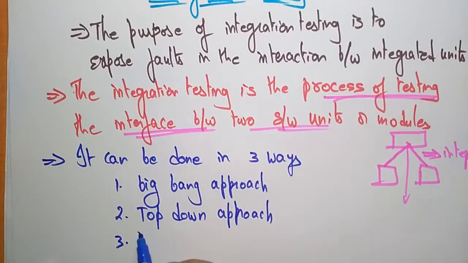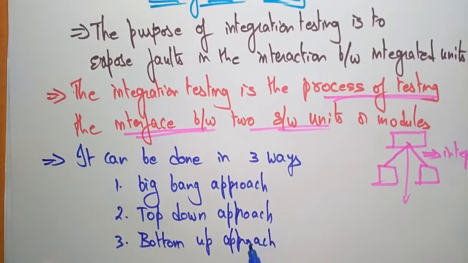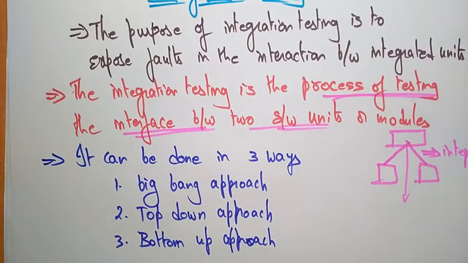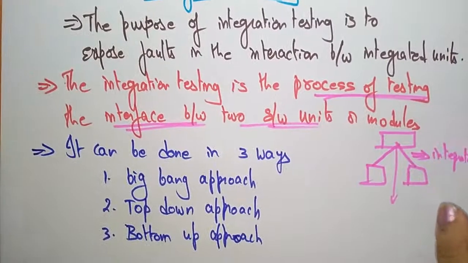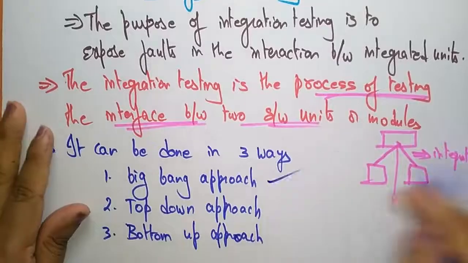And the third one is the bottom-up approach. So these are the three ways of integration testing. Now let us see the first one, that is the Big Bang approach.